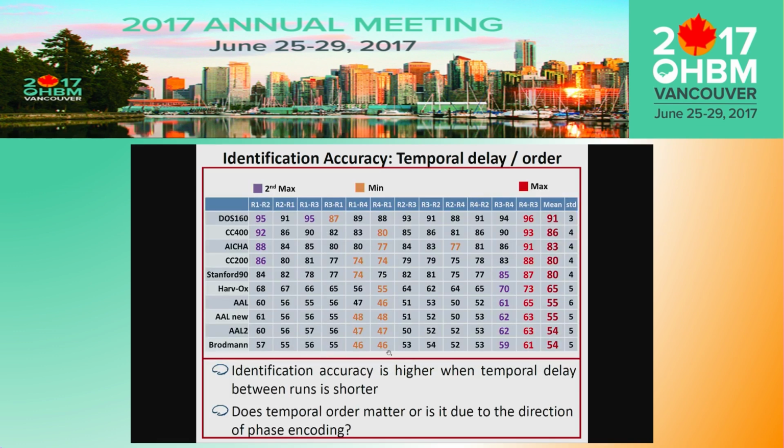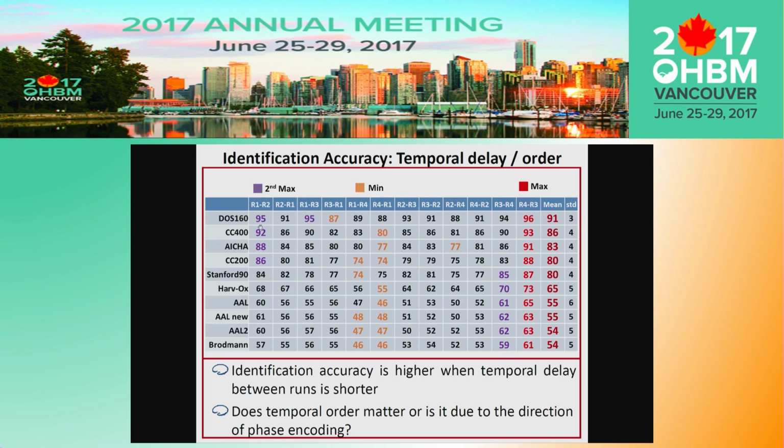In order to further investigate the question of the temporal delay between the runs, we looked at these individual pairs separately for all 10 atlases. The best performer was from R4 to R3, predicting R3 from R4, and this performed consistently at a higher rate than the other runs.